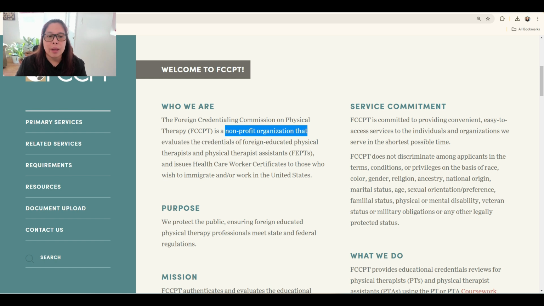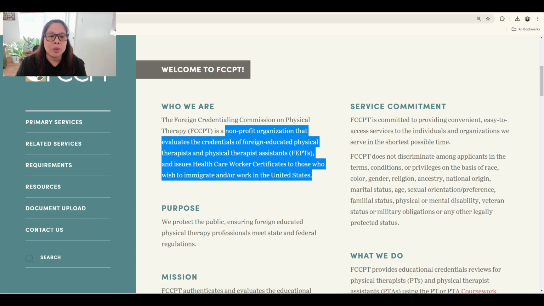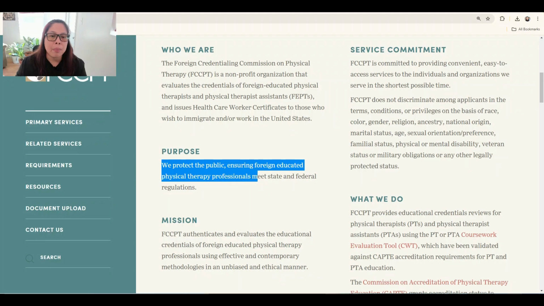It evaluates the credentials of foreign educated physical therapists and physical therapy assistants, and issues healthcare worker certificates to those who wish to immigrate and or work in the United States. Their purpose is to protect the public, ensuring foreign educated physical therapy professionals meet state and federal regulations.